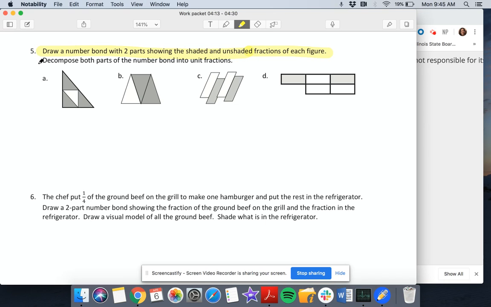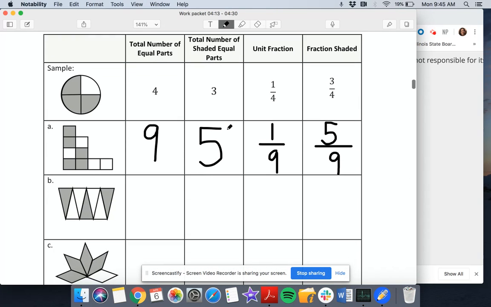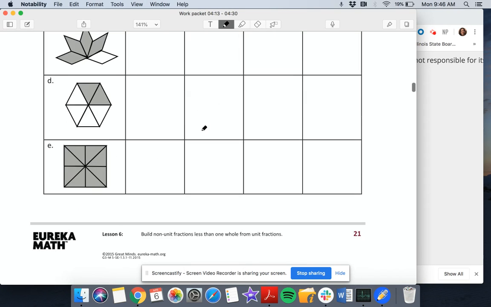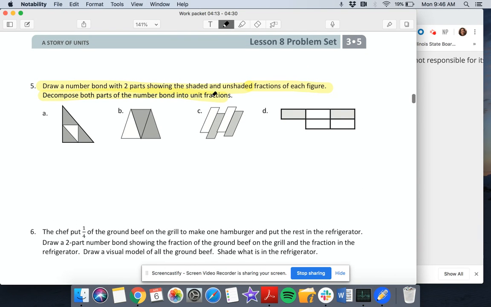And then it's asking us to decompose both parts of the number bond into unit fractions. And if we remember from yesterday, unit fractions represent just one part of the entire figure. Okay, so for unit fractions, the numerator, or the number on top, should always be 1.